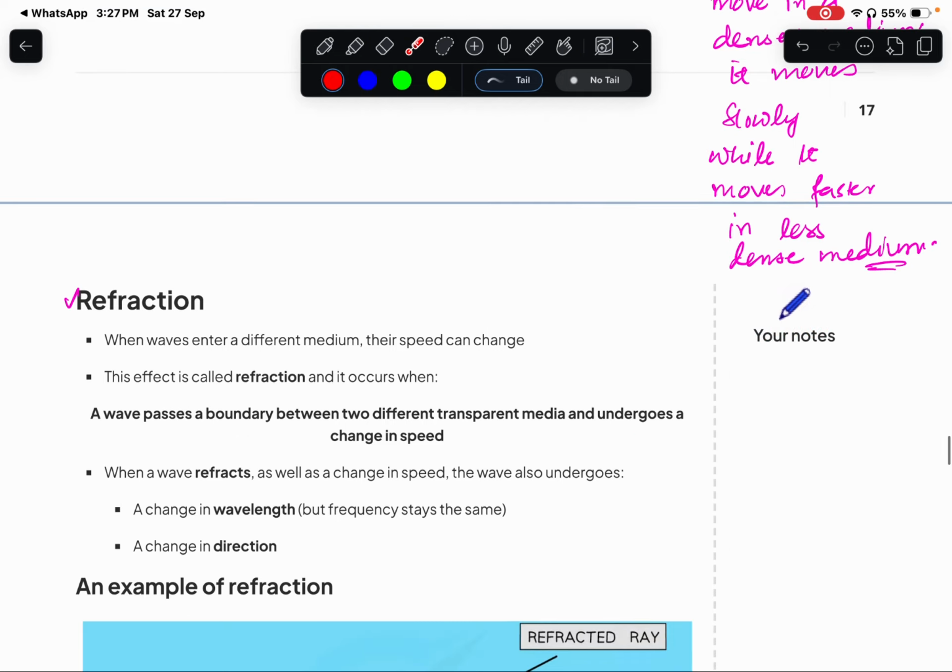So here we can see the definition of refraction. When waves enter a different medium, their speed can change, and this effect is called refraction.